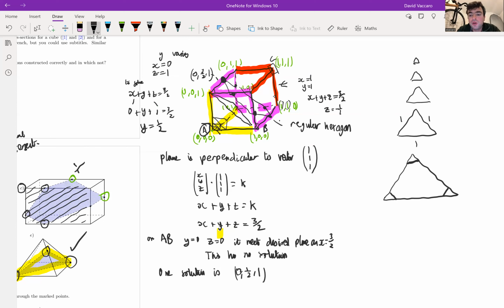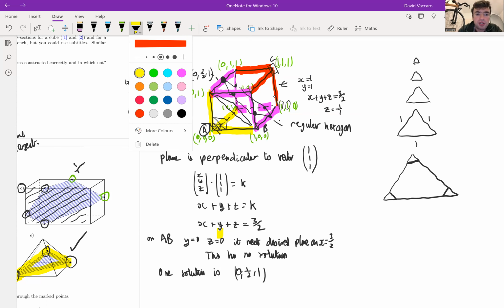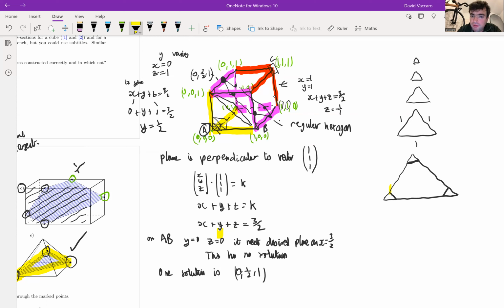And so we lose a little bite out of each corner. So we get a shape like this. And so to clarify, these 3 yellow bits here are where we're meeting. No, that's not right. We're not meeting the yellow edges at all.